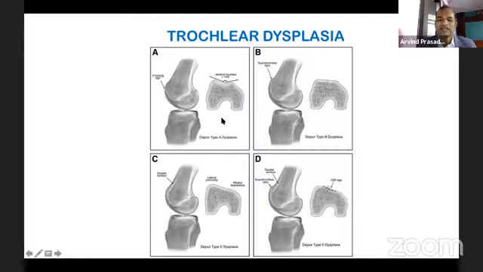Anything more than that is taken as type A dysplasia. When it is completely flat, then type B. When there is medial facet hypoplasia and lateral hyperplasia, then it is type C. And when there is a cliff, then it is called type D dysplasia. Its interpretation in the lateral view we will discuss later on.